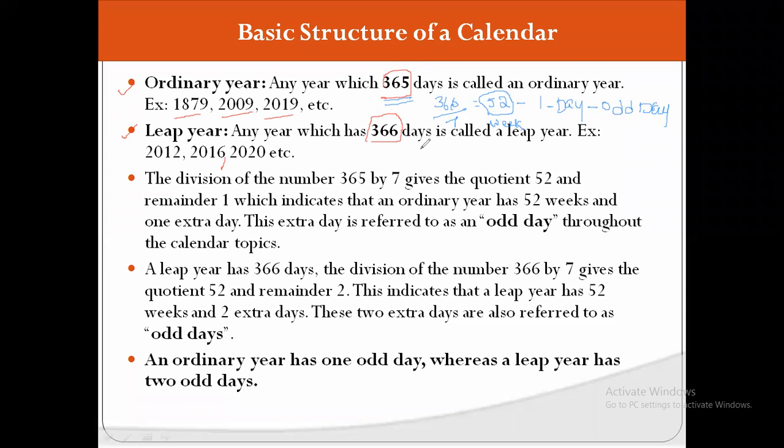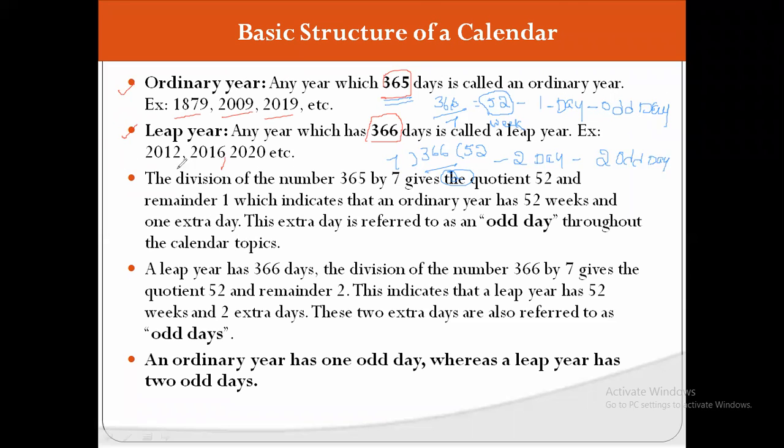The same thing, if we divide 366 by 7, then the same 52 as quotient, whereas the remainder will be 2. So from this I can conclude that there are 2 odd days for a leap year.